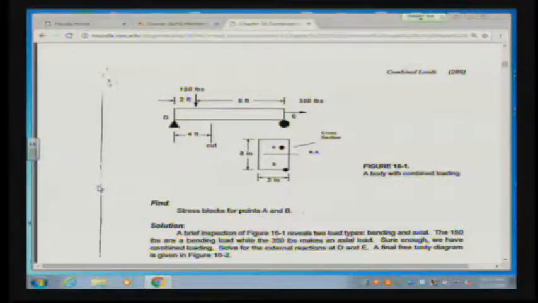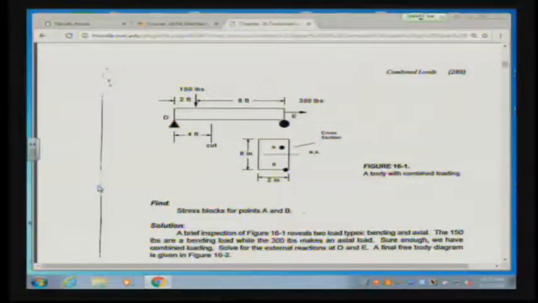Now the thing to notice about this 150 pounds is that it creates a tau in the amount of VQ over IT at both points A and B on the cut section. However, it also is going to create a bending moment, isn't it? So we have 150 pounds applied 2 feet to the left of the cut. On that cut, we're going to have a bending moment, which is going to increase or decrease the total sigma depending on where you are on the cut face.